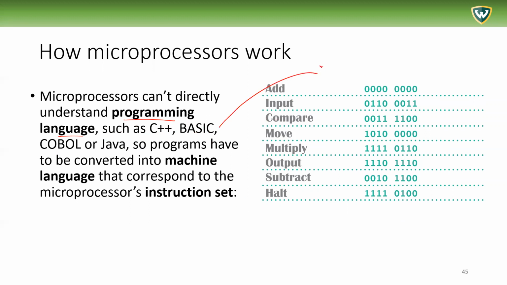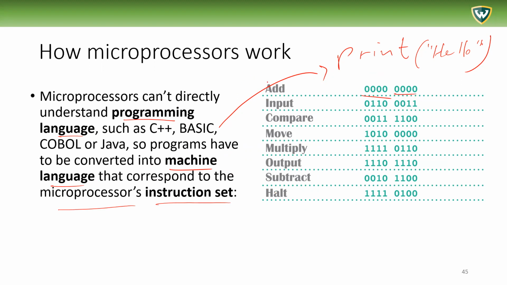Something which looks kind of like English, like print hello world, is an instruction from a program like Java or Python. You literally write it in English, in text. However, for the computer to understand, it has to translate all of this to binary. It has to be translated to machine language that corresponds to how the microprocessor understands the instruction. And ultimately, once again, it always goes back to the zeros and ones.